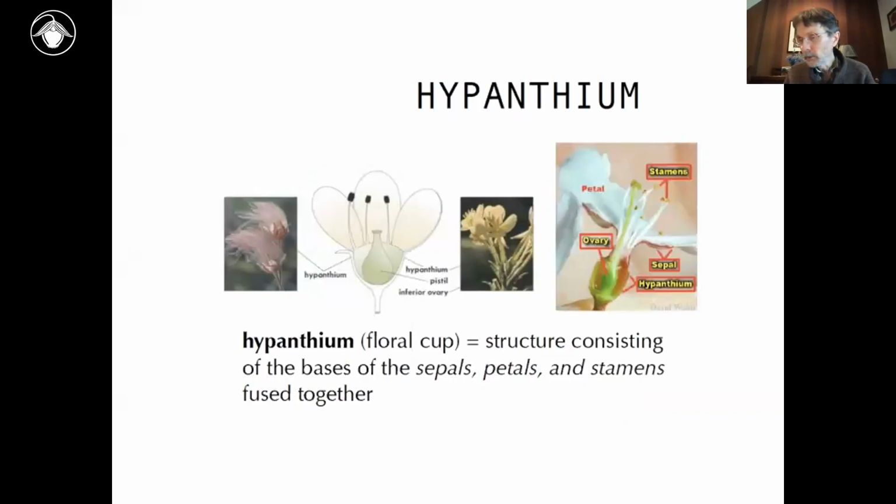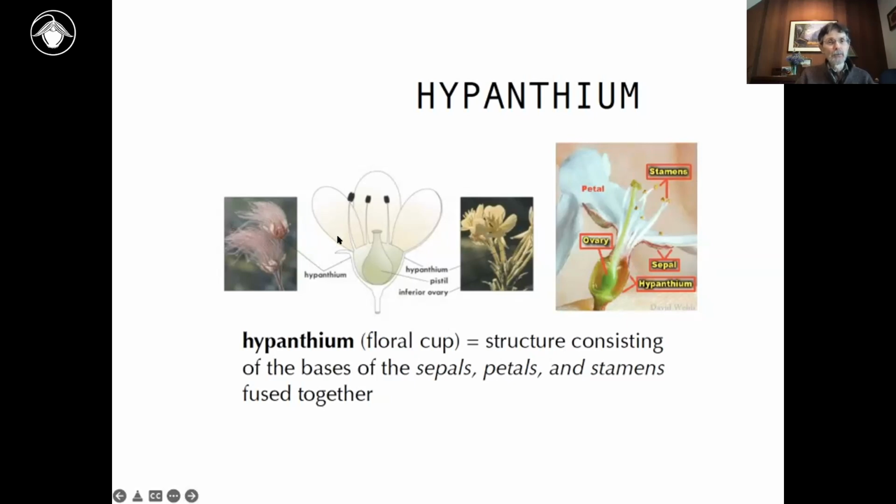Okay, I think I have a little time here still to talk about some other ways in which parts of the flower can be fused in ways that can be taxonomically diagnostic and also ecologically important. So one is where we have adnation, or fusion of unlike parts, that encompasses the sepals, petals, and the stamens.